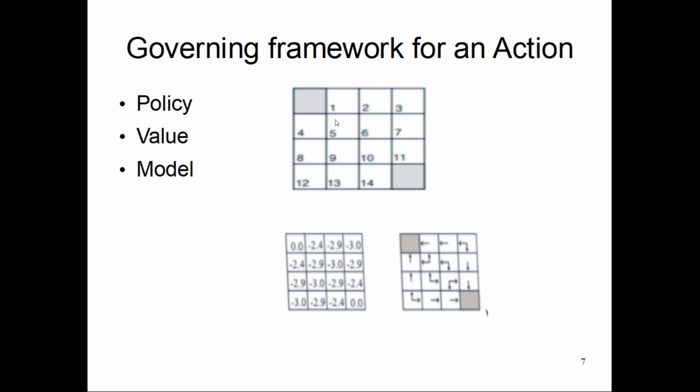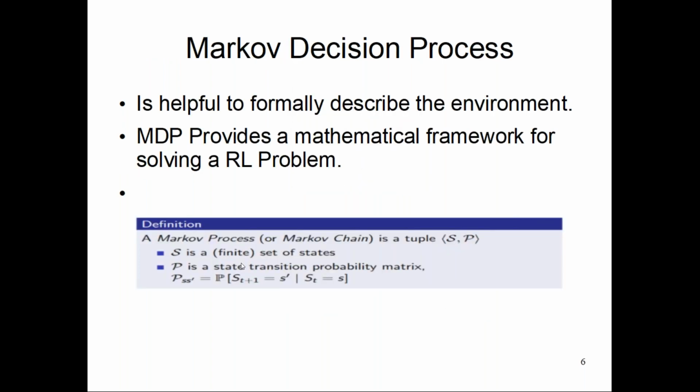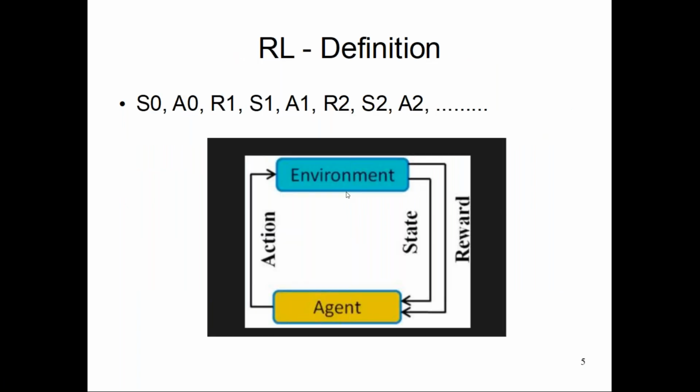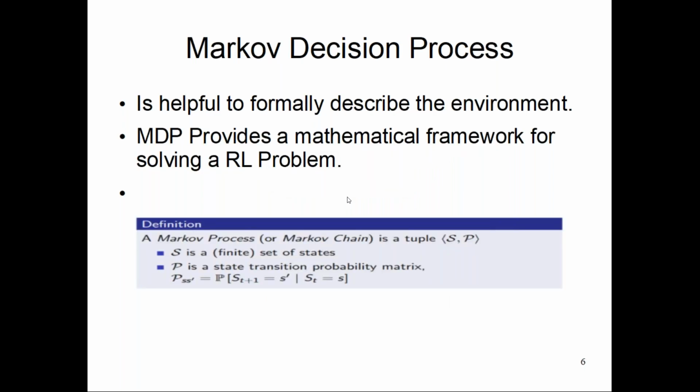Moving from one state to another, the probability is what we refer to as the state transition probability. The states and the state transition probability together define the environment. The environment we are talking about is made up of the states, and we should also be able to say what the probability is to move from one state to another.